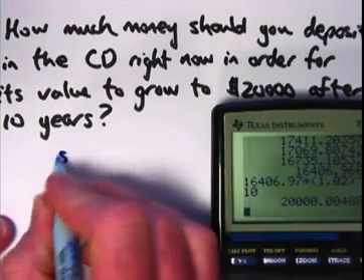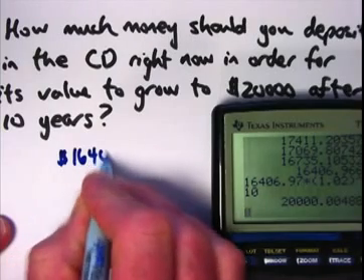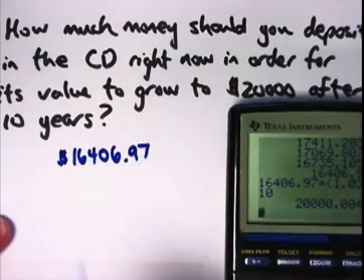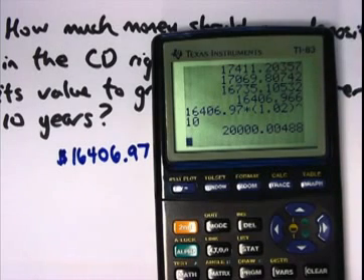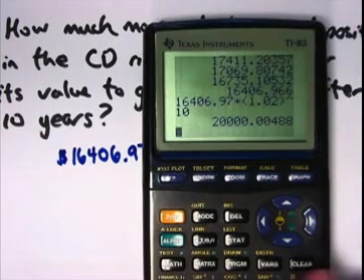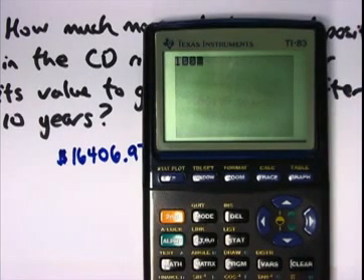Write that down. Instead of continuing to divide by 1.02 in this way, what I can do instead is start with $20,000 and multiply by 1.02 to the negative 10th power.